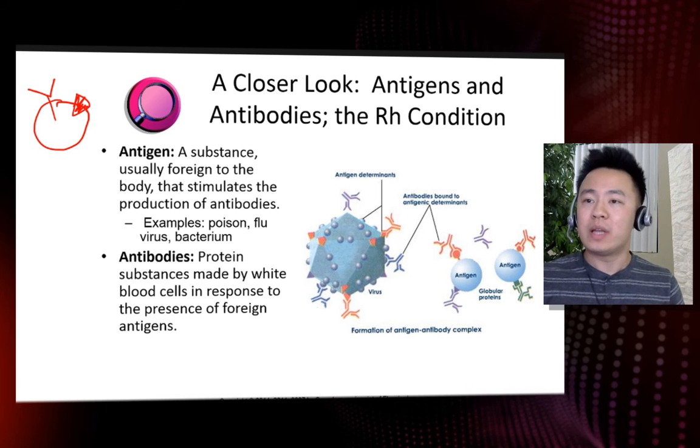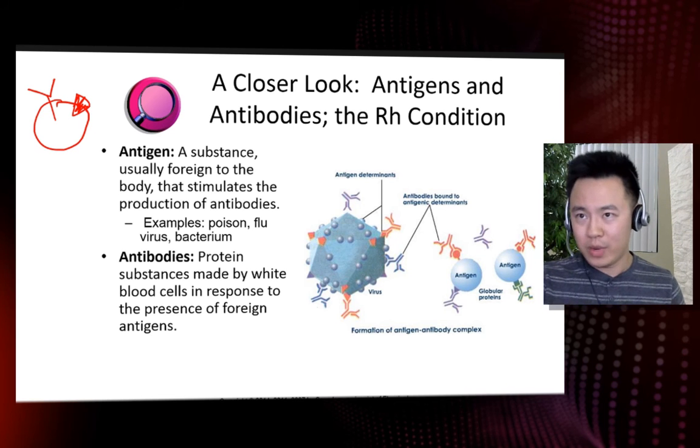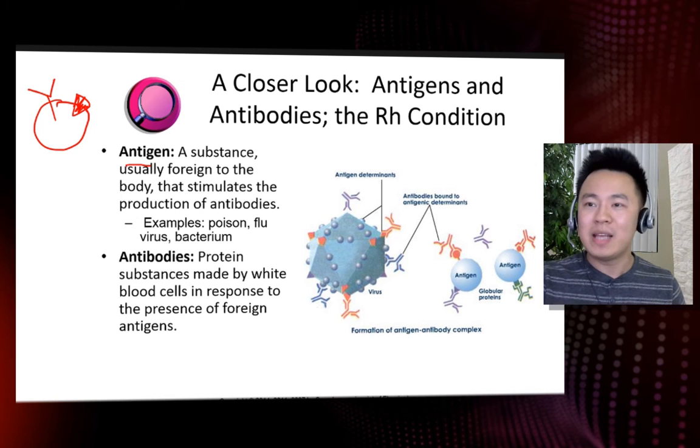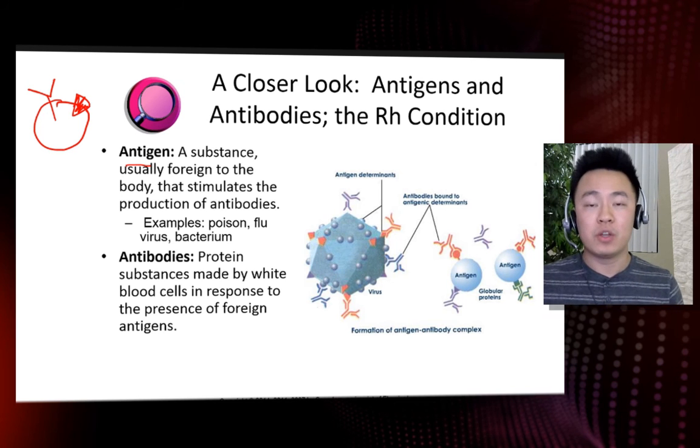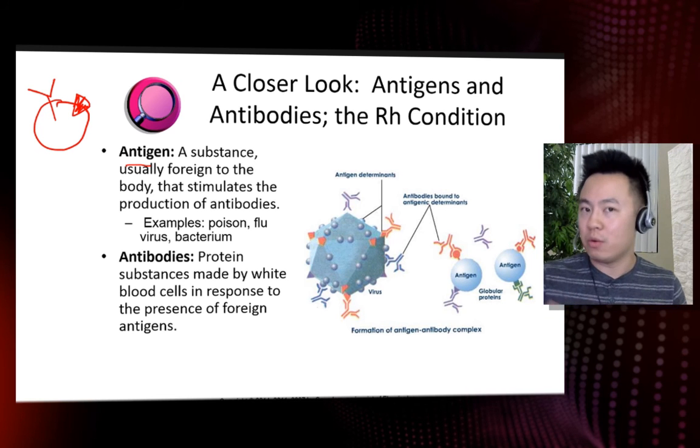Now, let's go ahead and talk about antigens first. An antigen is a substance that's usually foreign to the body that stimulates the production of antibodies. So on the surfaces of a lot of your cells, you have a lot of these proteins, or a lot of these macromolecules that act as recognition molecules so that they don't kill off each other.